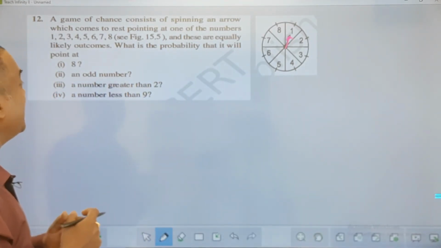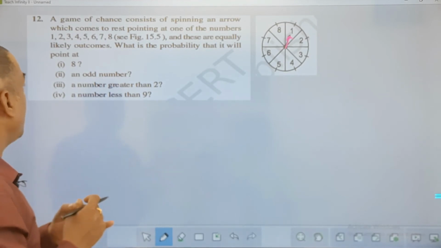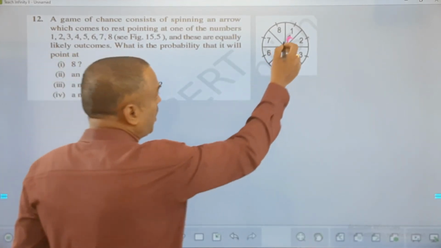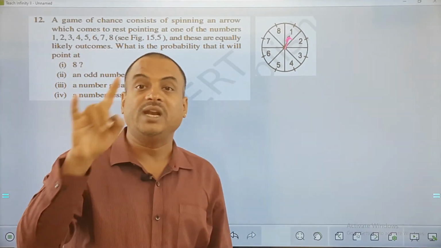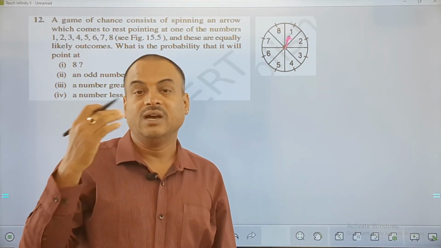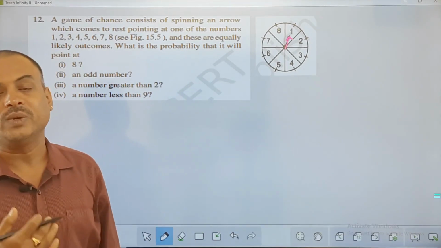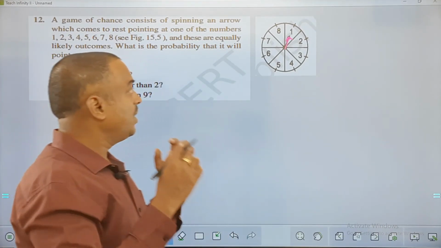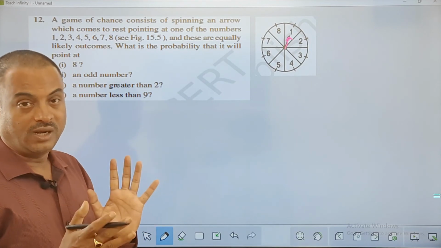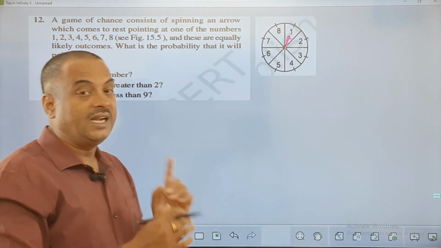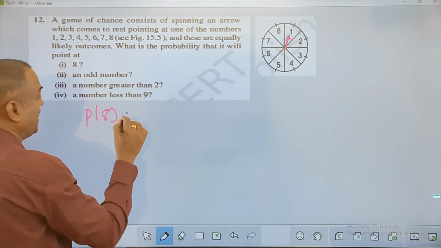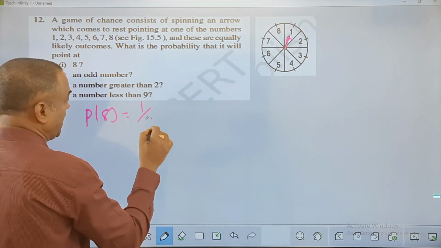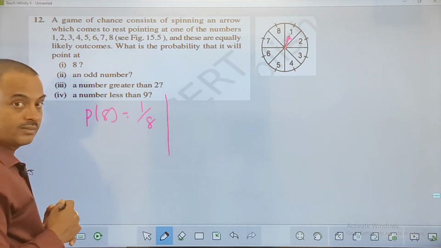What is the probability that it will point at 8? 8 is one of the events, which is equally likely with the other events. 1 has an equal chance, 2 has an equal chance, 3 has an equal chance. So out of 8 total possible outcomes, 8 is 1. So the probability of getting 8 is 1 out of 8.